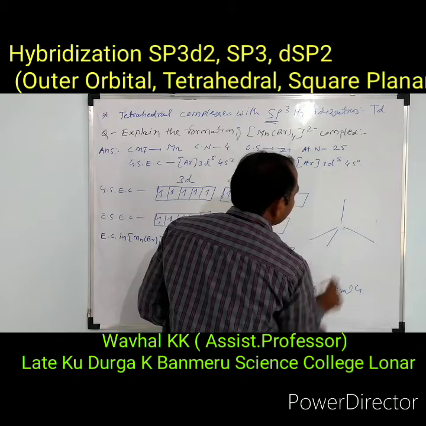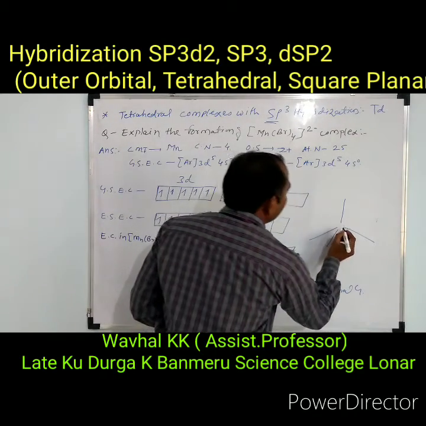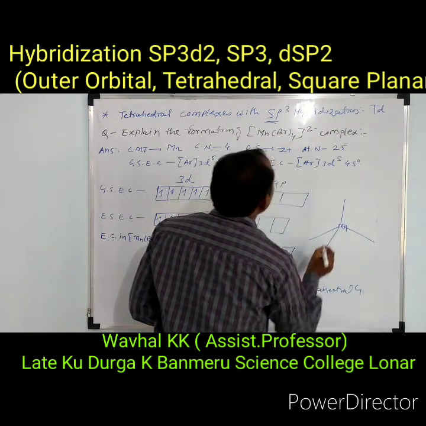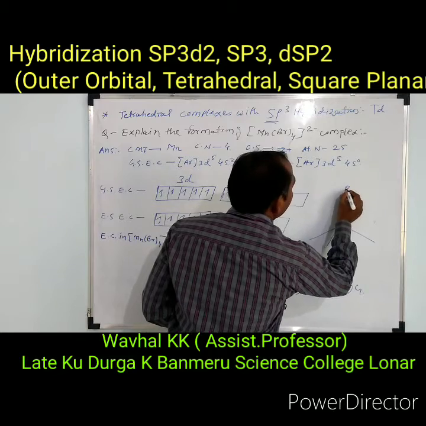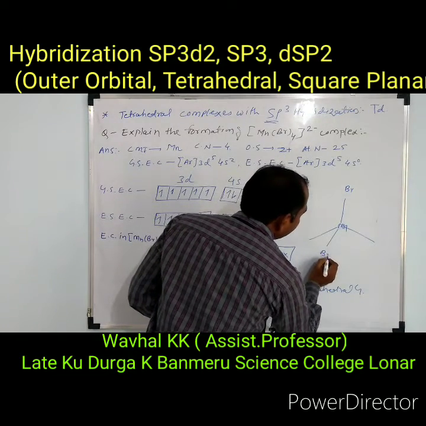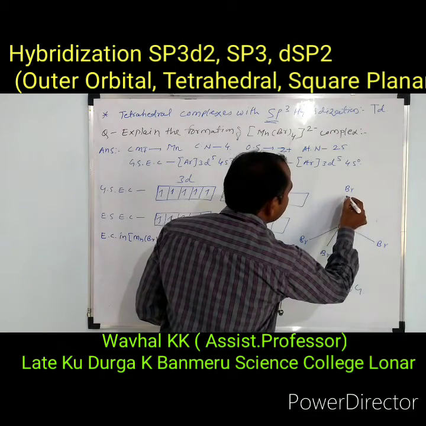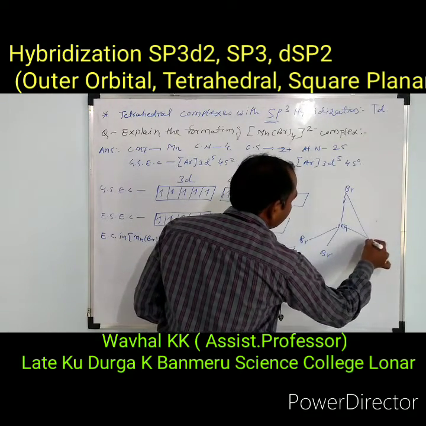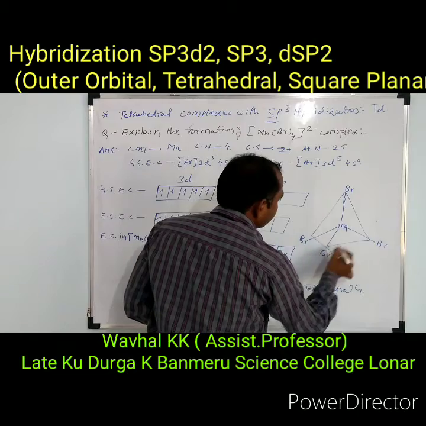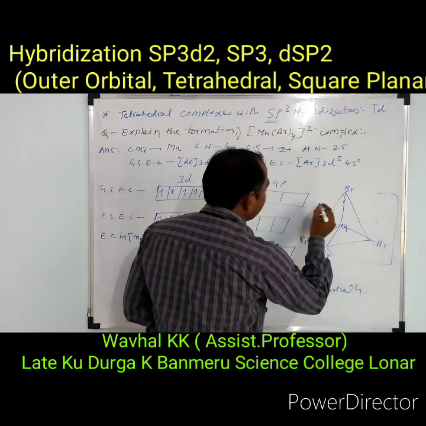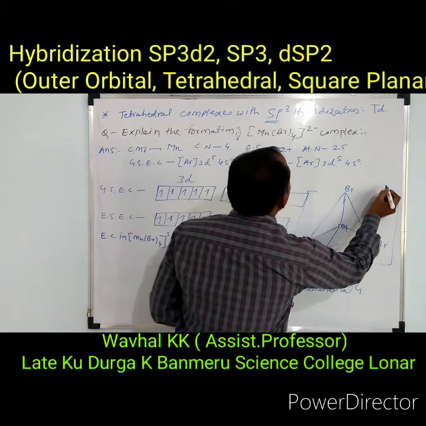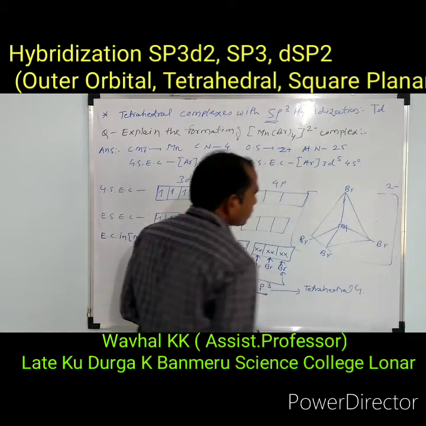See here, this is the Mn with bromine atoms, one Br atom and the other Br atoms. Join all these and put the 2 negative charge here.